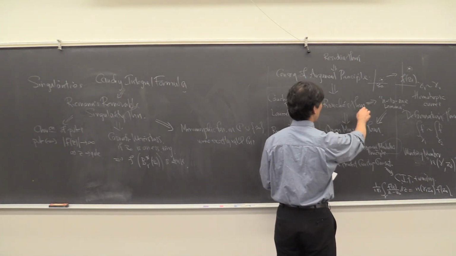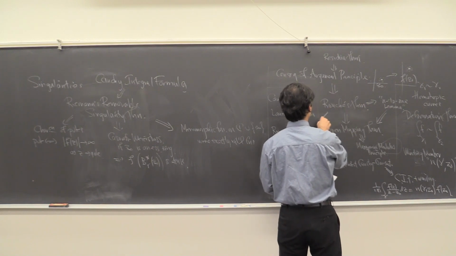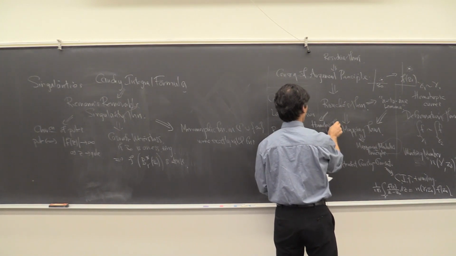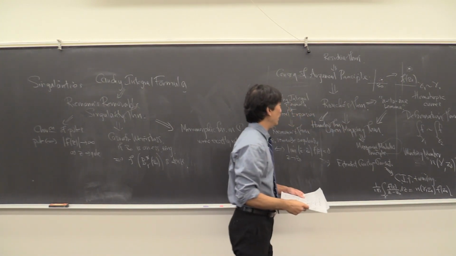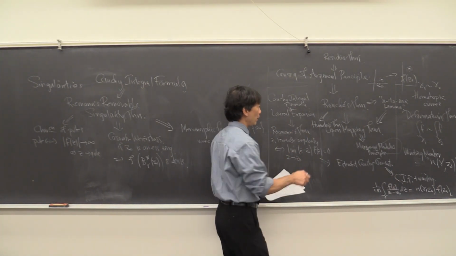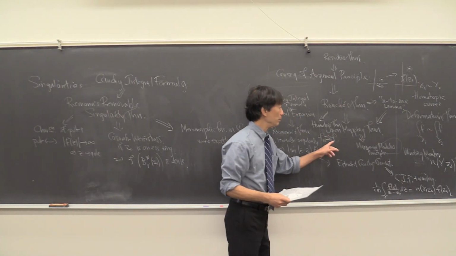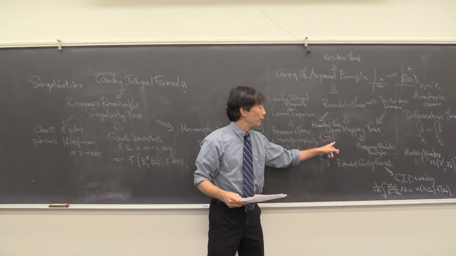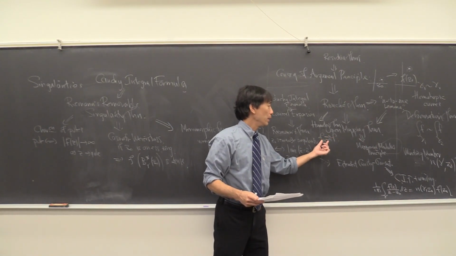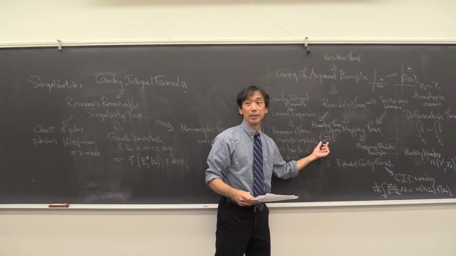Another thing that we threw in from the n-to-1 lemma was Hurwitz's theorem, which said that whenever you have holomorphic functions that uniformly converge to some function, then the zero of this thing is realizable as the limit point of zeros of these guys.